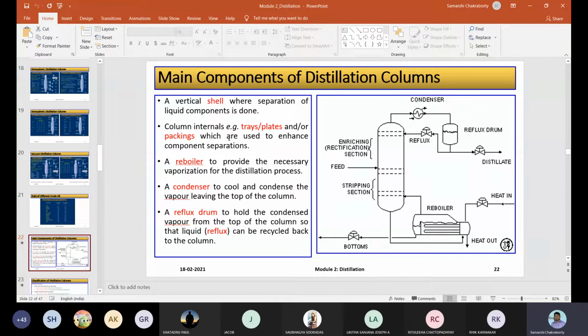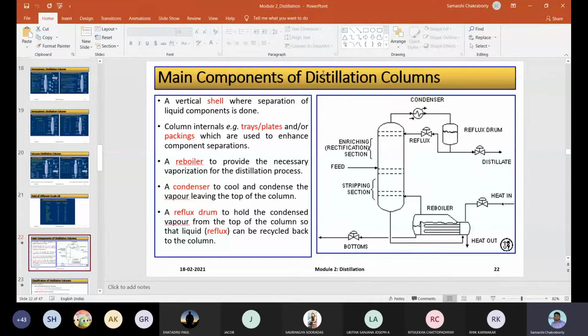The first component is obviously the vertical shell, where the separation of liquid components is done. Then comes the column internals. The column can be a packed column where small packings are used, or it can be a tray or plate type. Mostly tray and plate type distillation columns are used in the industry.